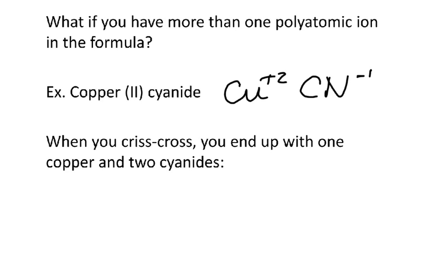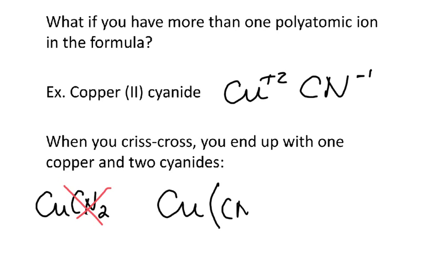When we crisscross them, you would think, oh, we'll just do this, right? Nope. That's not how you do it, because that does not mean 2 CNs. You have to do it this way. It's Cu, and you have to use parentheses to put the CN in and then put the 2 outside.